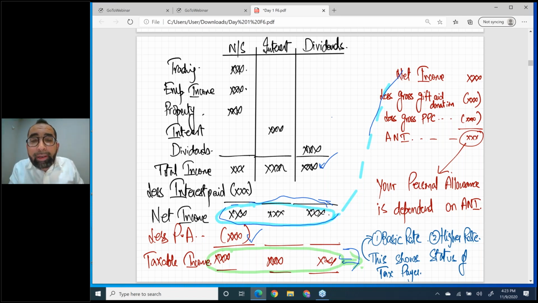So don't forget, whenever you need to check the status of taxpayer, always use total taxable income and bands. So you will come to know that this guy is basic rate taxpayer, or higher rate taxpayer, or additional rate taxpayer.